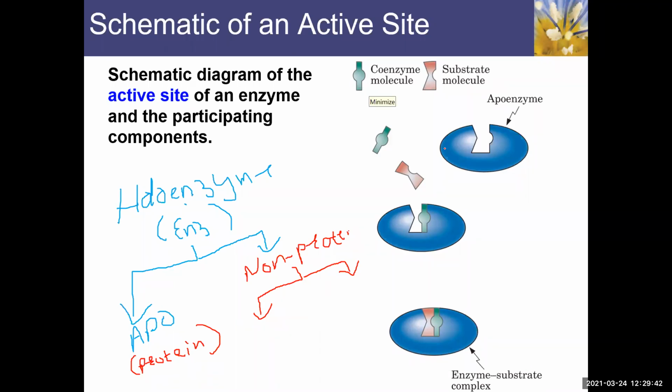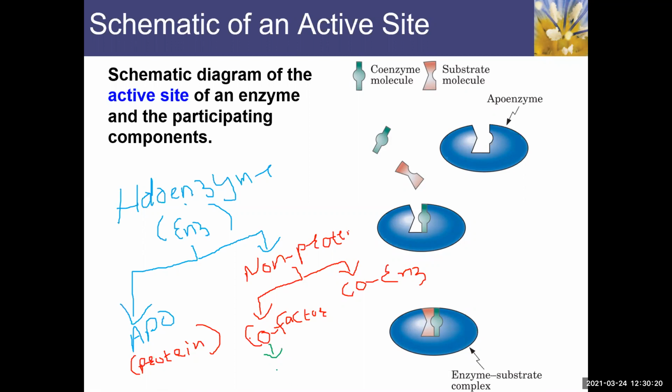But I just wanted to clarify one thing, that this non-protein part can be a cofactor. It can be a cofactor. So please pay attention. It can be a cofactor, or this non-protein part can be a coenzyme. What is the difference between a coenzyme and a cofactor? Okay, so cofactor is something you use whenever you have metal ions, not the organic part.